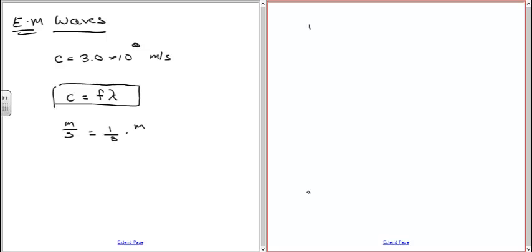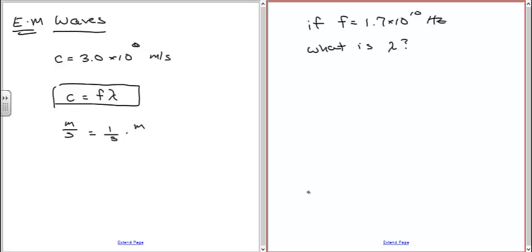Let's say the frequency equals 1.7 times 10 to the 10th hertz. What is the wavelength? We'll just figure it out.